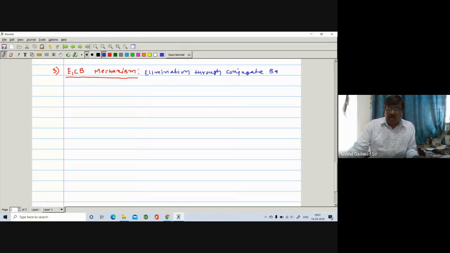You know what is meant by conjugate base, right? You have learned already in the nucleophilic substitution reaction what is meant by conjugate base.